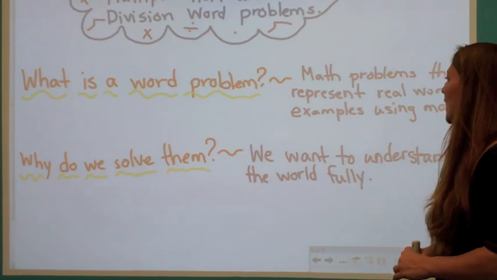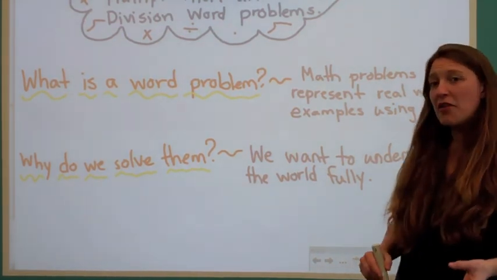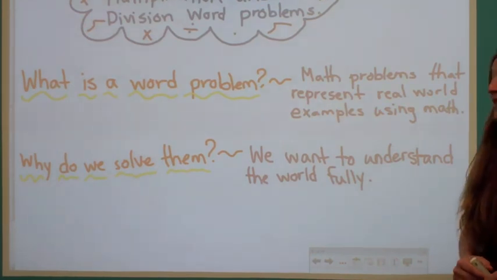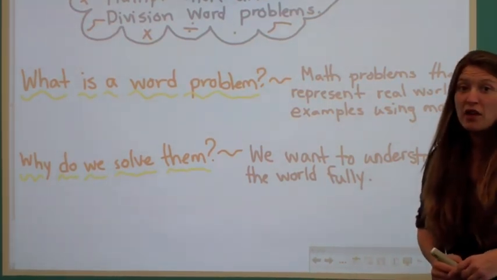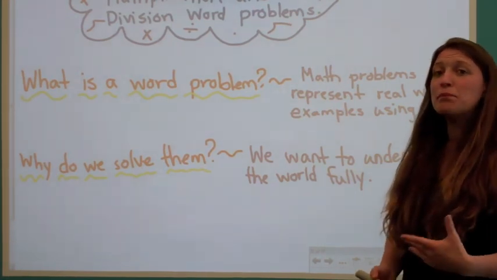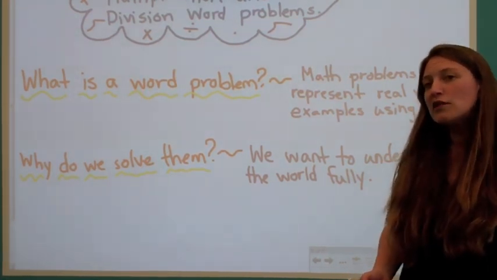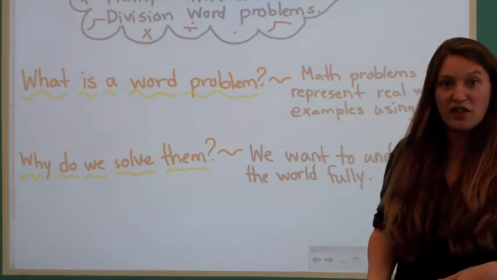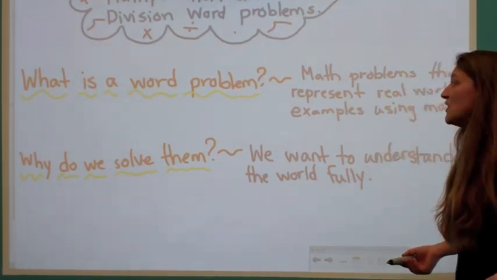Okay, so before we get started, let's think of what is a word problem. Word problems are math problems that represent real-world examples using math. So any word problem that you see in math is going to present itself with a real-world situation where you would use multiplication or division. Why do we solve them?